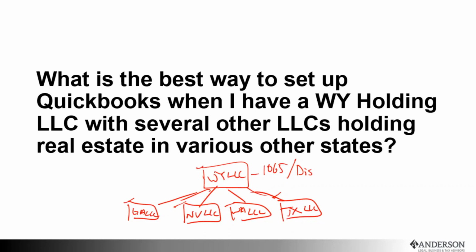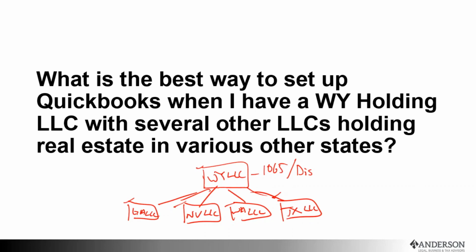Here's what we like to do. We like to create one set of books with the Wyoming LLC at the top being the primary set of books. Then what we do is what we call a classified income statement, where each of these 4 LLCs below, the Georgia, Nevada, Washington, and Texas, are kind of their own set of books within your Wyoming LLC books.